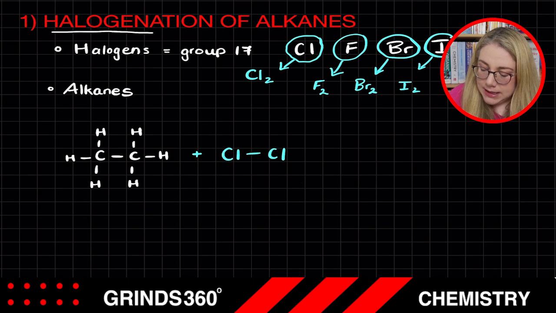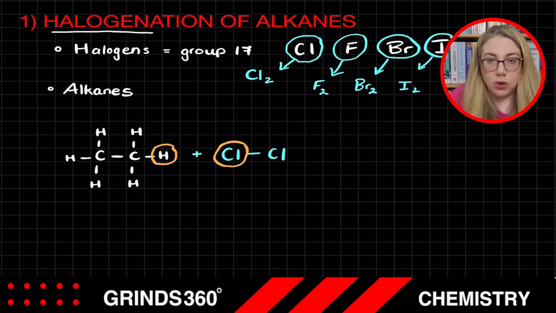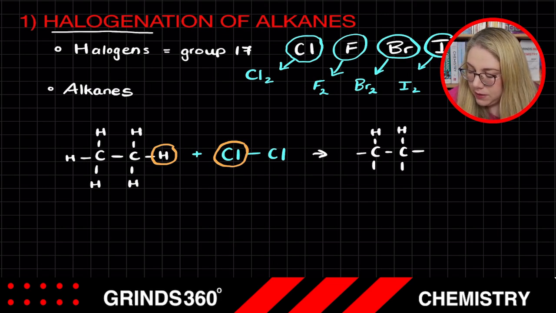If this was undergoing a substitution reaction, one of the hydrogen atoms on ethane is substituted for one of the chlorine atoms. And we will form this molecule on the right, which is chloroethane.